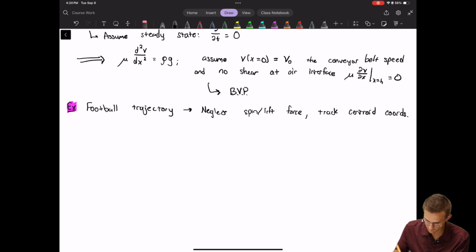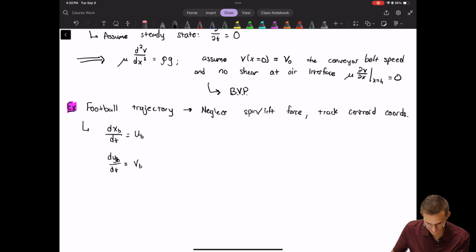Okay, so here's where we're going to end up with a coupled set of differential equations. So first off, we know that dx of the ball, the position of the ball in the x direction, dt, we can define that as u_b, right? The velocity of the football in the x direction. Same with dy ball dt is equal to v_b.